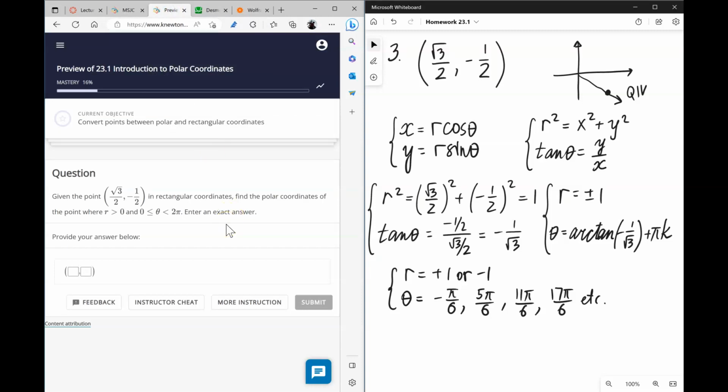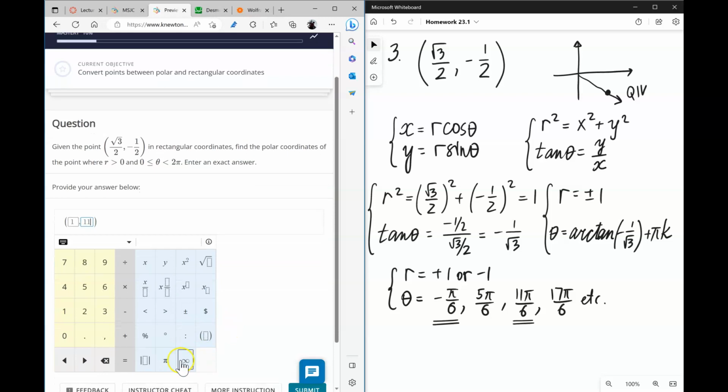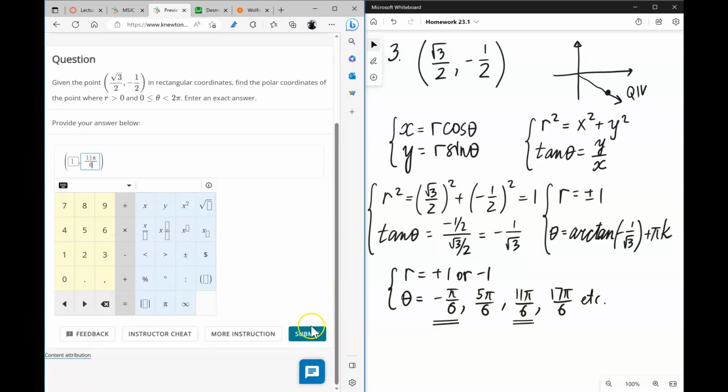Now here we have a condition, right? The condition is that theta must be between 0 and 2 pi, so that means we cannot pick negative pi over 6, and we have to pick 11 pi over 6. So our answer will be 1, comma, 11 pi over 6.